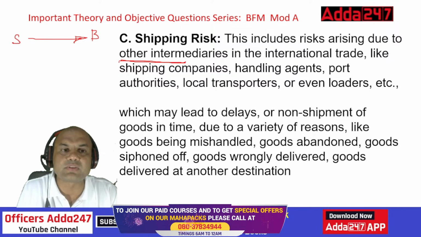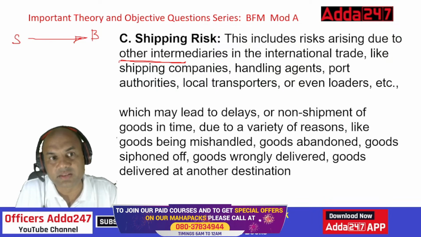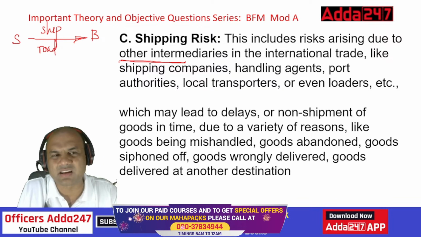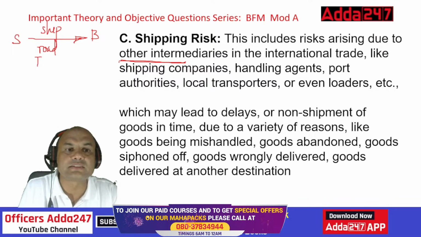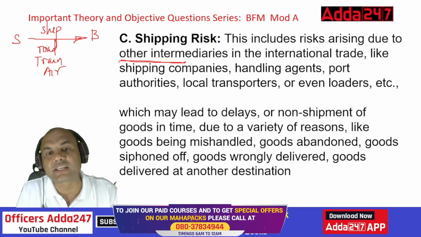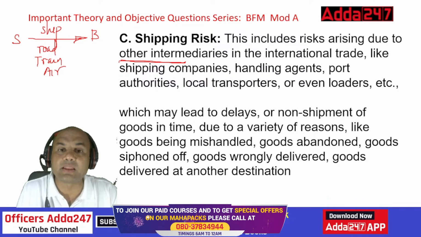The seller will send the goods either through ship or through road, meaning truck, or trains, or airplane, right? Any of these. So in any of these, the goods can be mishandled. The goods can be broken.